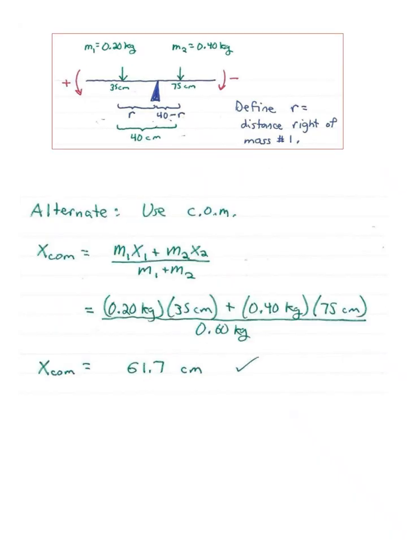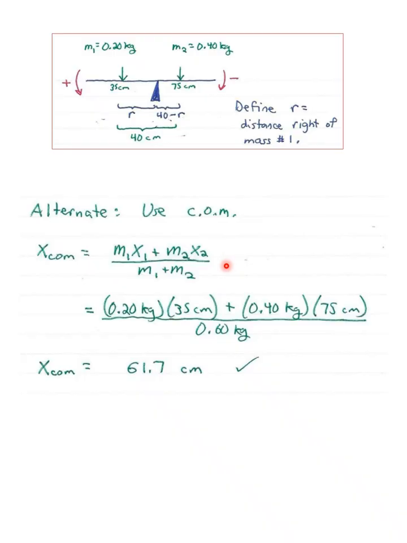There's a much easier way. Now that we've gone through using torques, there's actually an easier way to solve number 81, and it involves center of mass. The fulcrum needs to be at the balance between those two masses. The meter stick is of negligible mass, so we don't have to worry about the meter stick itself. Let's use the center of mass equation: m1x1 plus m2x2 over m1 plus m2.